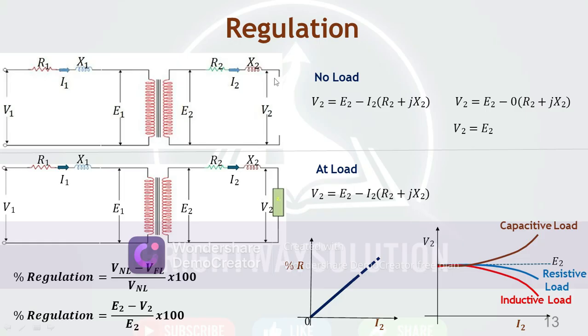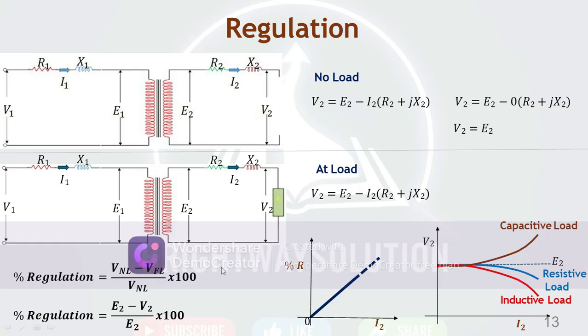If no load is connected, the regulation is E2 minus V2, and since these are the same, the regulation at no load is 0, which is the best value. If a load is connected to the secondary side, a drop occurs in the secondary winding.